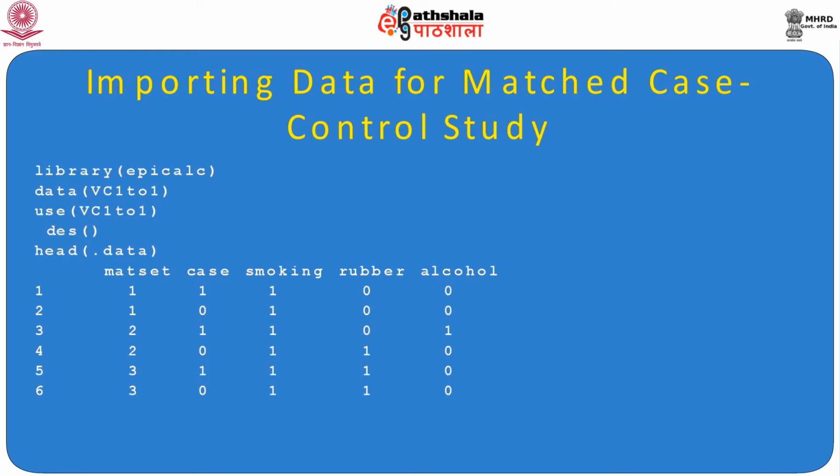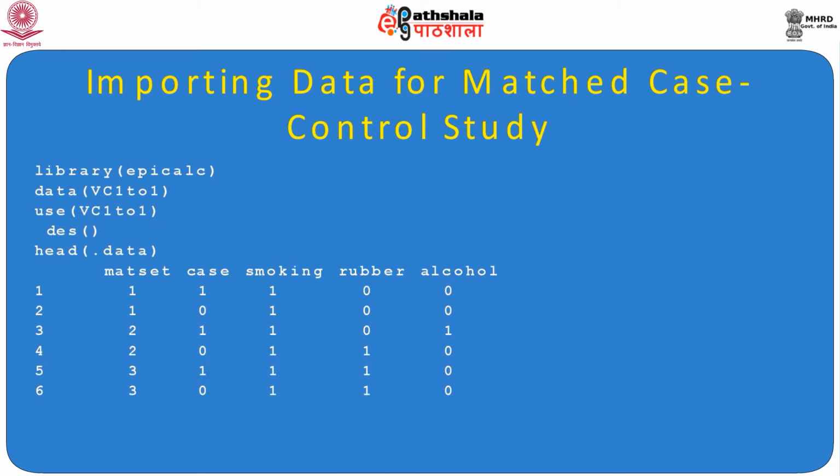If you compare the matchset and case columns, we will see that in matchset the first row is 1 and the second row is also 1, whereas in the case column the first row is 1 and the second row is 0.